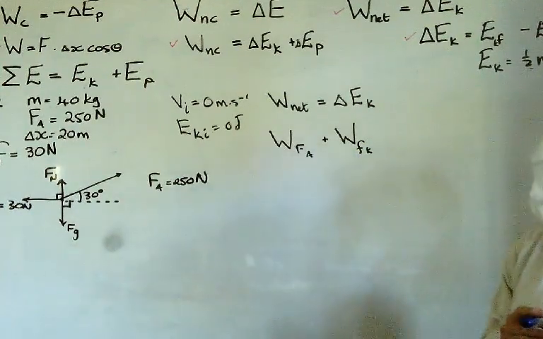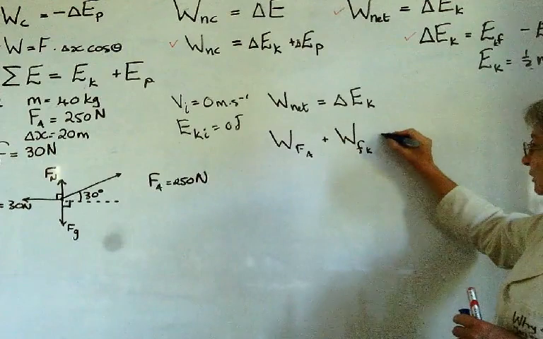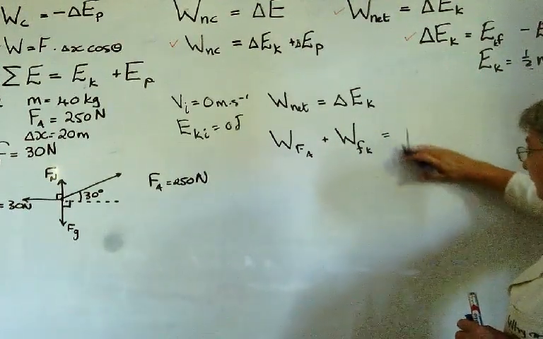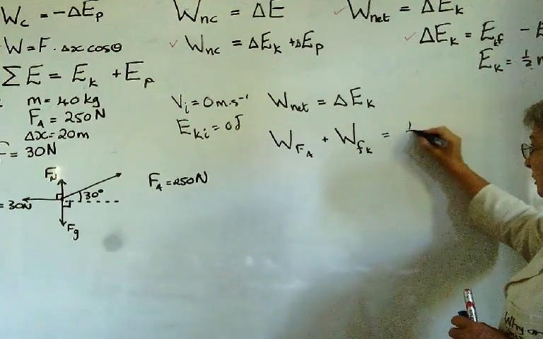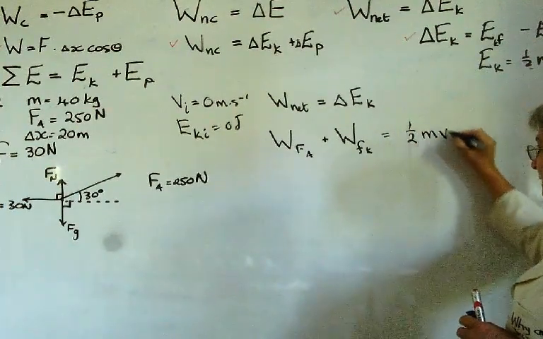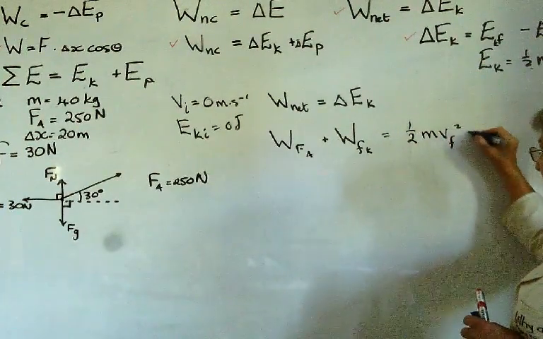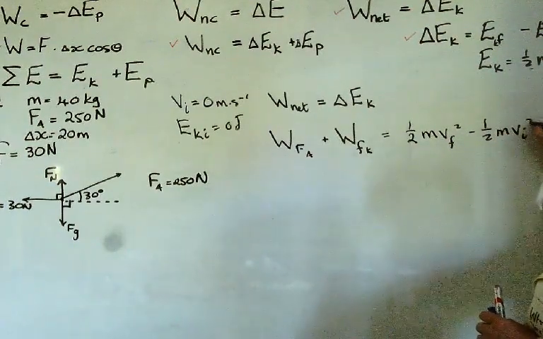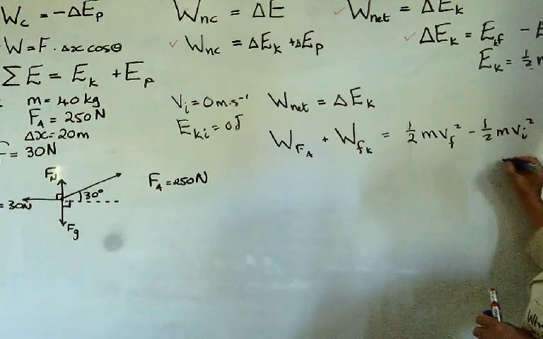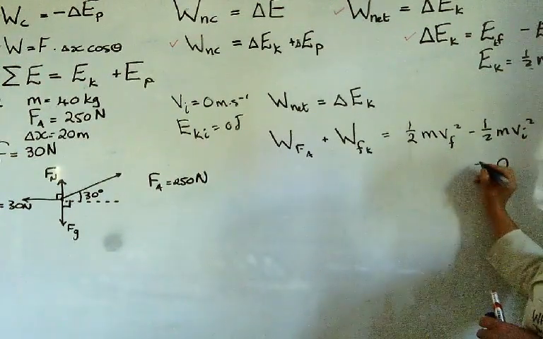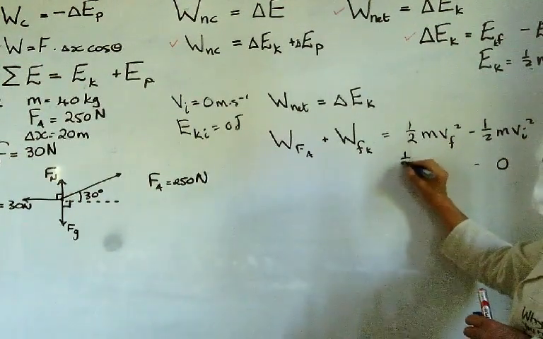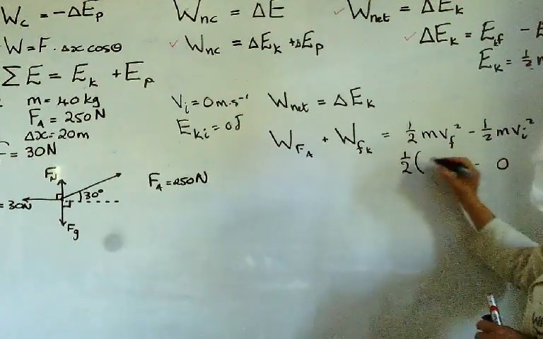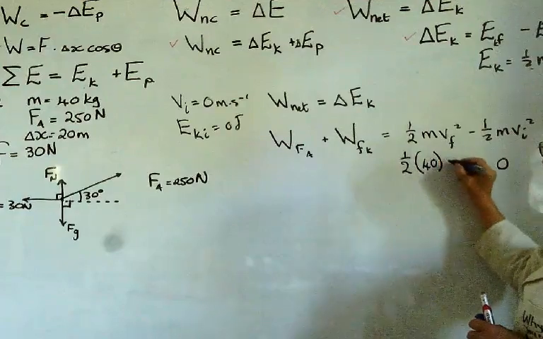So then, that is going to be a half mvf squared minus a half mvi squared. I already know that this is 0. Okay. So half times mass is 40, and this is the unknown thing.